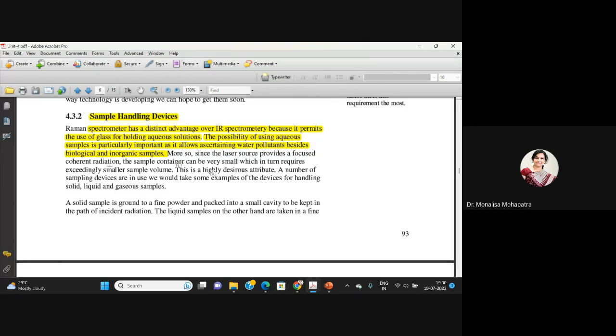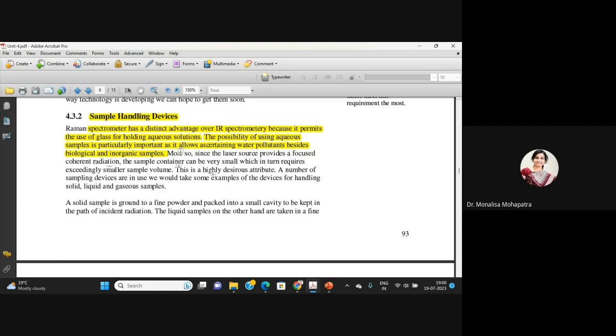You cannot use all the spectroscopic tools, but you have to be very, very selective. That is what I was telling you. The molecule or sample of study is very important, which molecule or sample you are taking.